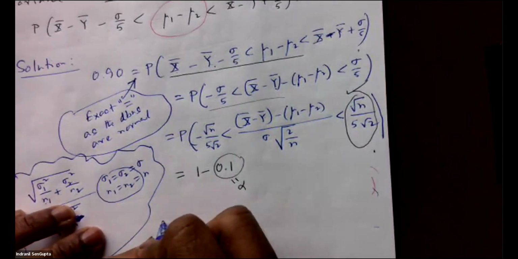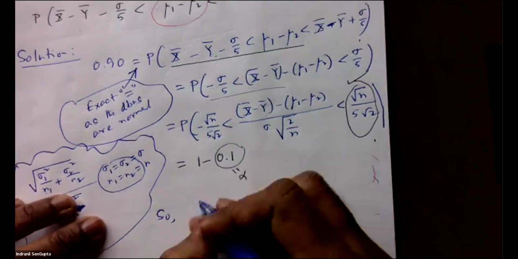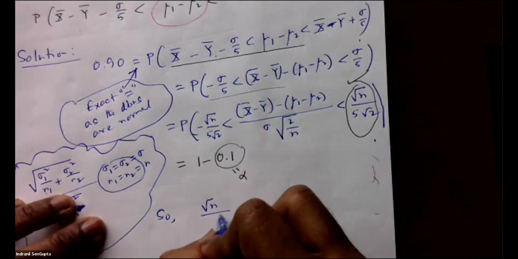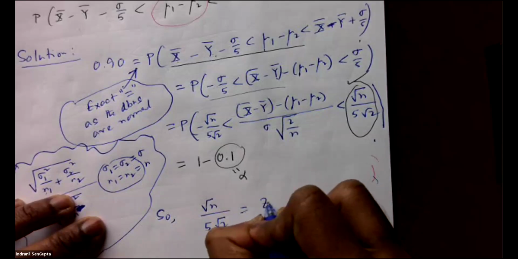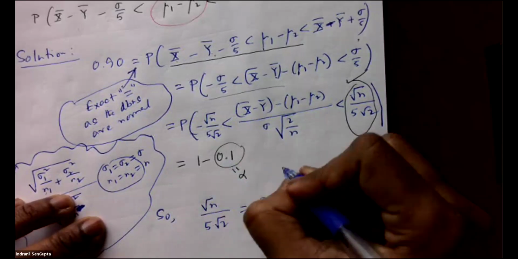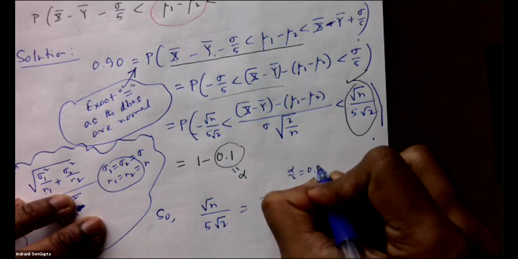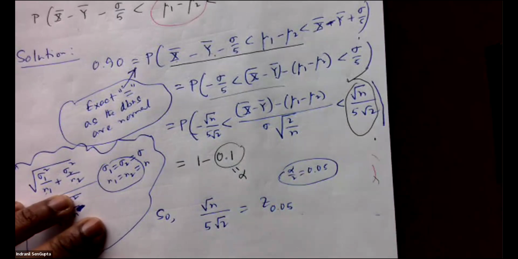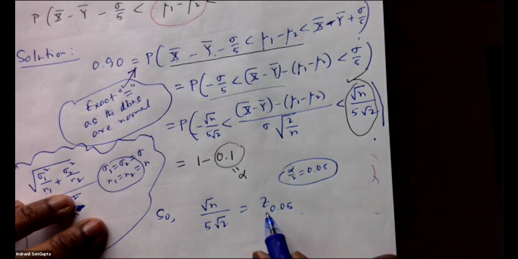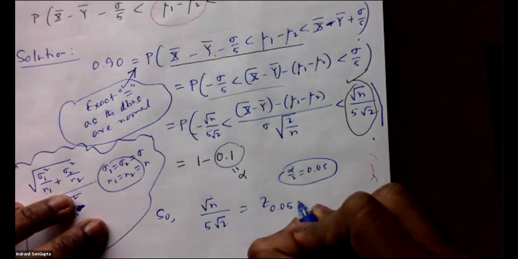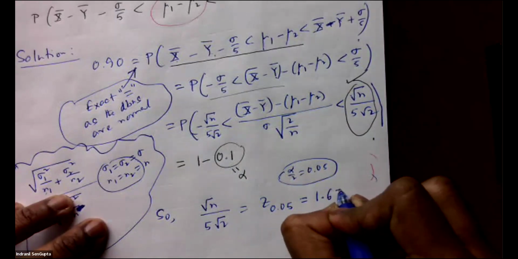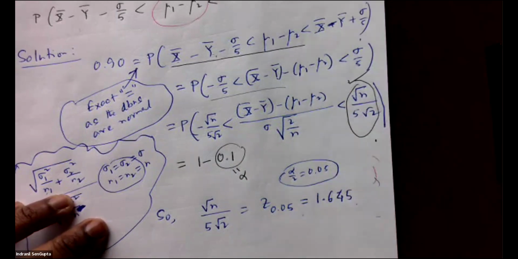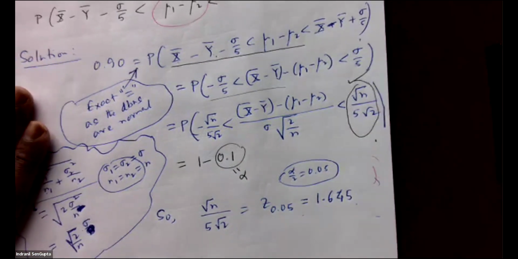So we must have the square root of N over 5 square root of 2 equal to z of alpha over 2. Alpha over 2 is 0.05. 0.05 is something I showed how to compute at the very beginning of the class, which we found to be 1.645. You can use your table, or you can use any online sources that I mentioned.